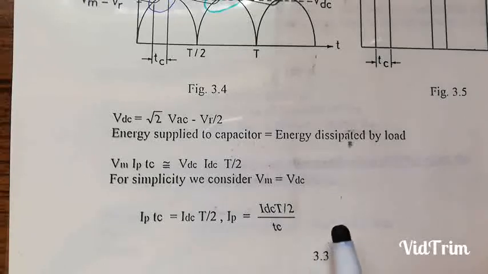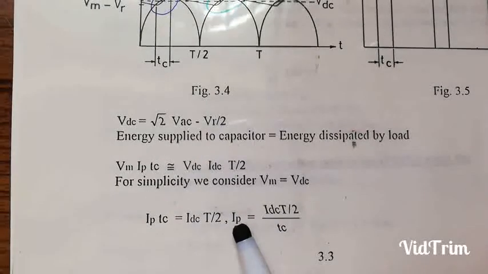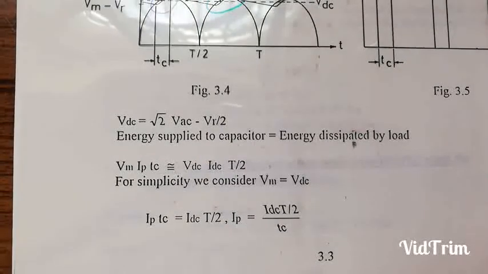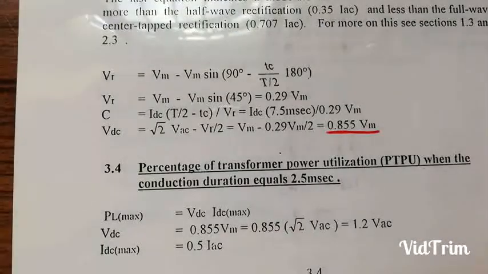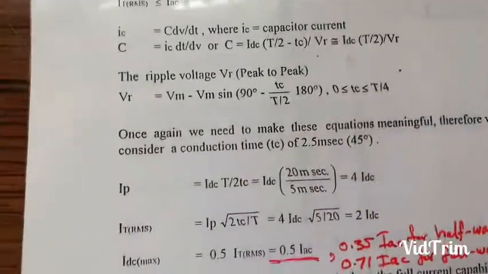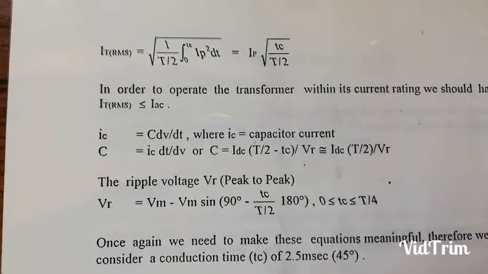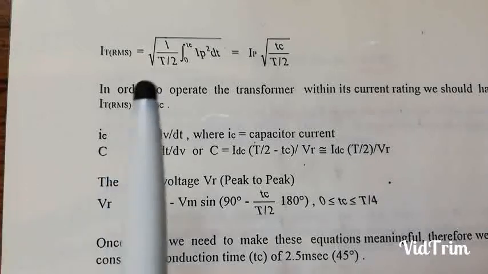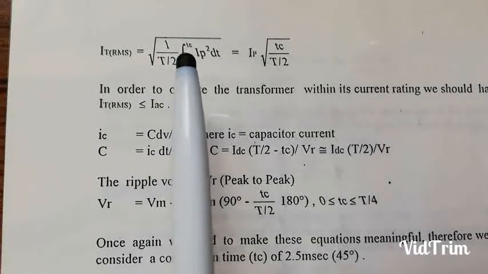Now for simplicity, we equate the VM over the VDC as we said. And further analysis would give us the value of the IP, which is going to be peaky, like we said before. And this is how to find the RMS of any given signal. Now that's a rectangular short period of current.